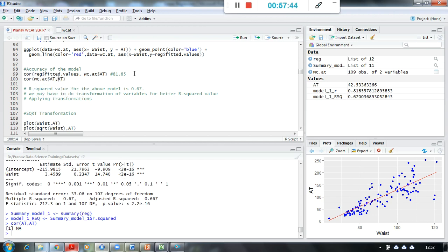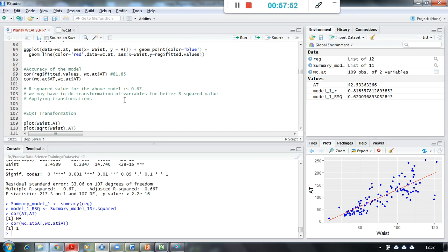AT versus WC dot AT dollar AT. Then I am getting one. So for any variable with itself, it's like a mirror. It is similar to itself, right? So we are going to get 100% correlation there. So this is one method to check the accuracy.